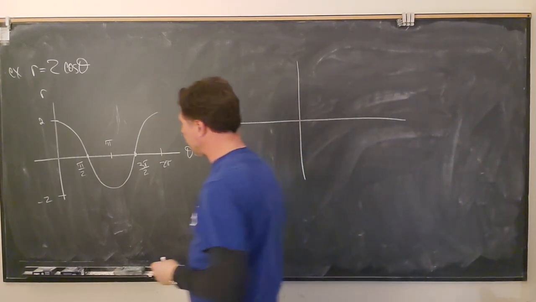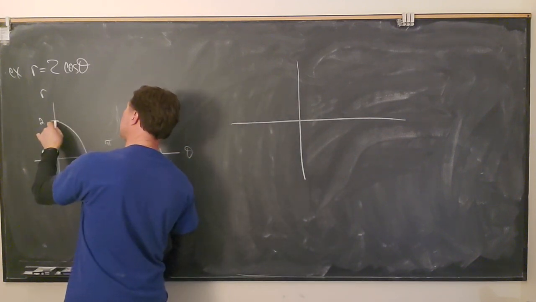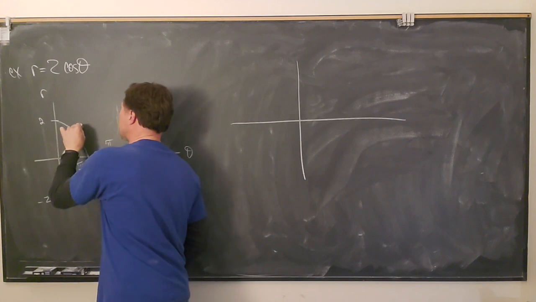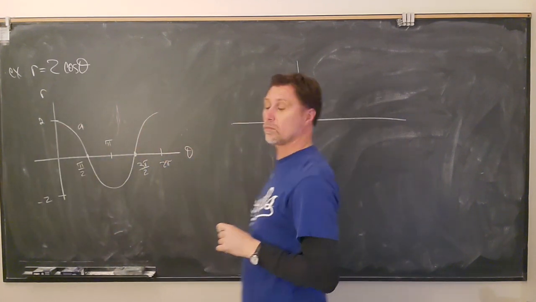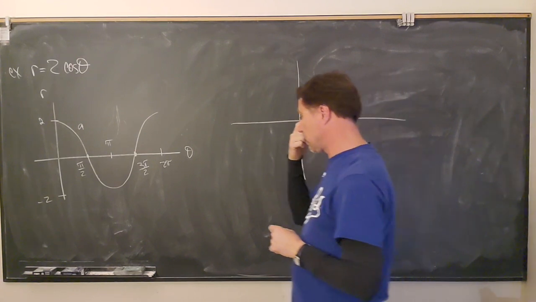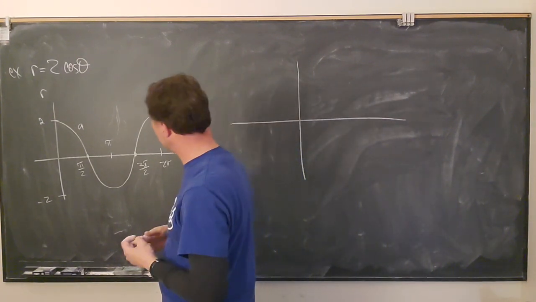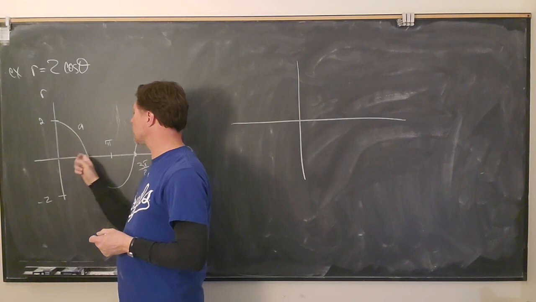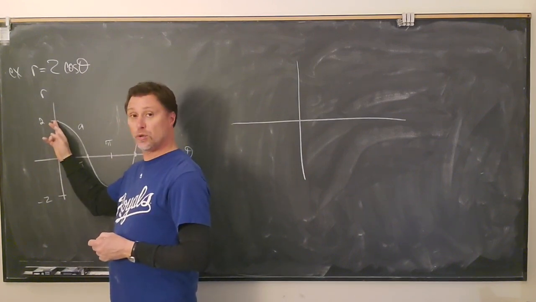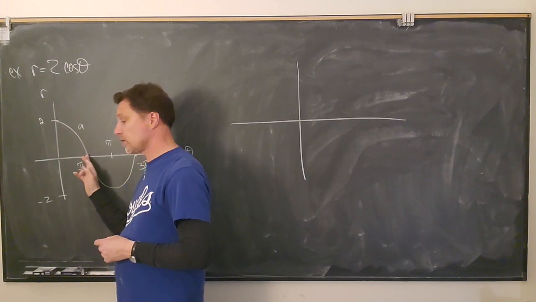And what I'm going to do is break it into chunks. So I'd first like to think about just this segment of the curve. I'm going to label that segment little a. Okay, now let's try to interpret what's happening here. What this says is as theta goes from 0 to pi over 2, the radius starts at 2 and goes down to 0.